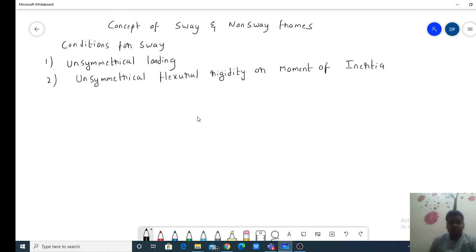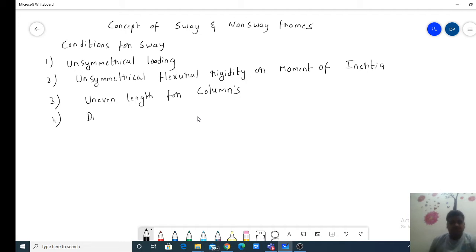Third important thing is, if it is having uneven length for columns, if there are two columns and they are having uneven lengths, then also I can say it is a sway frame.